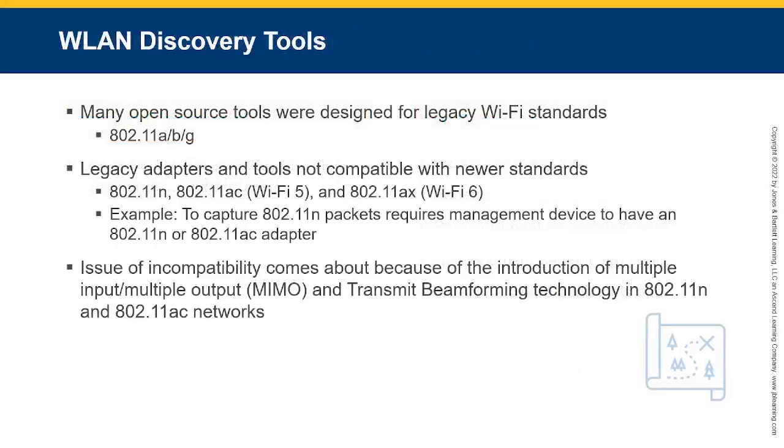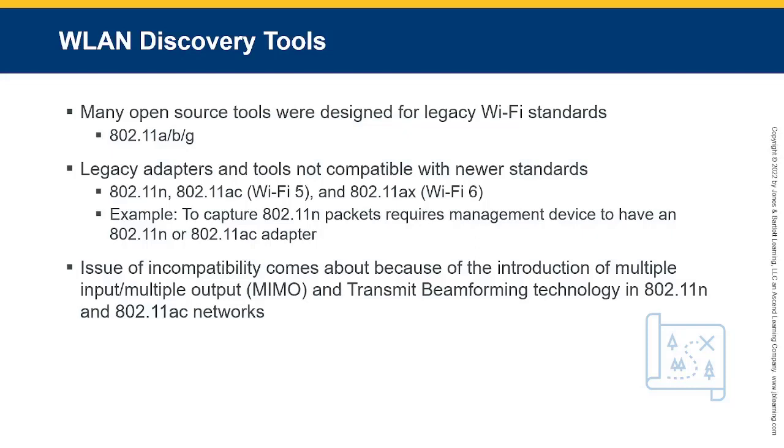There are many open tools that were designed for legacy Wi-Fi standards like 802.11a/b/g. Legacy adapters and tools are now combined with newer standards, 802.11n, 802.11ac, which is Wi-Fi 5, and 802.11ax, which is Wi-Fi 6.